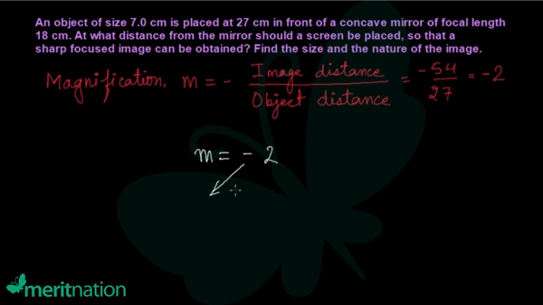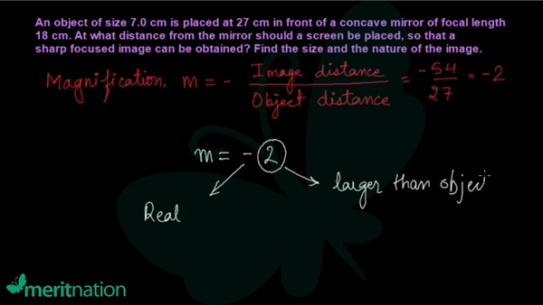First is the implication of this negative sign. The negative sign tells me that the image is real. And the number 2 tells me that the image is larger than the object. Magnification has two parts, the sign part and the number part, or the magnitude part.